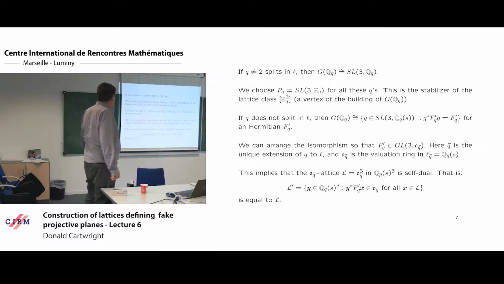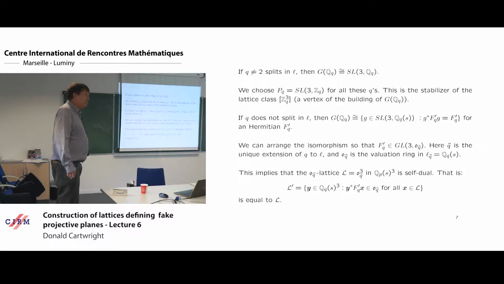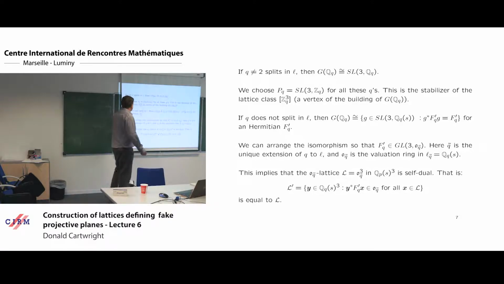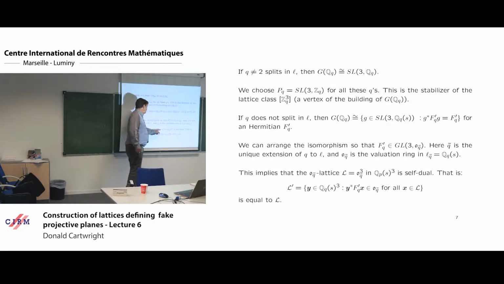This implies that the O_Q lattice L equals B_Q... That's the mouse. Yeah. I had that problem the other day. Okay, so the point of this here is that Tim talked about how you take duals of lattices. So we've got this field, which is the cube power of this, and we're looking at lattices with respect to this compact subring, and here's the most natural choice of lattice there.